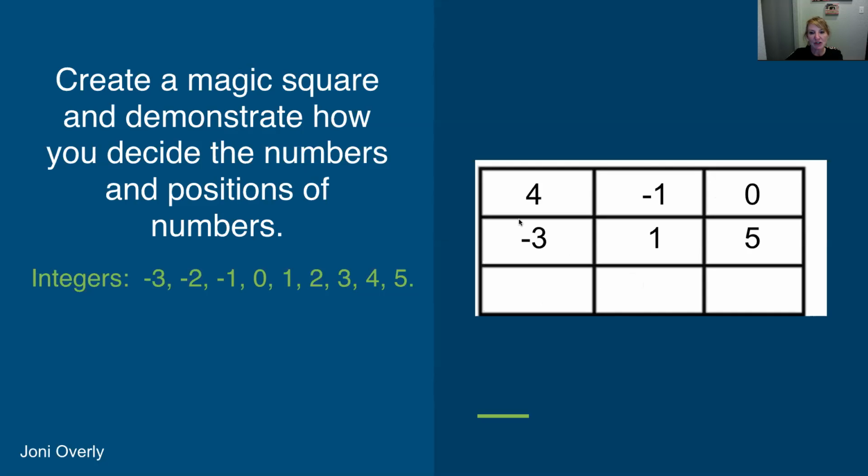And now the first column: 4 plus -3 plus 2 equals 3. And the next column, -1 plus 1 plus 3 is going to equal 3. And finally, 0 plus 5 minus 2 is going to equal 3.